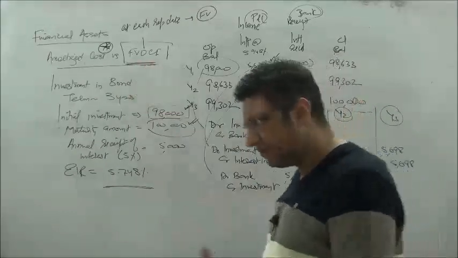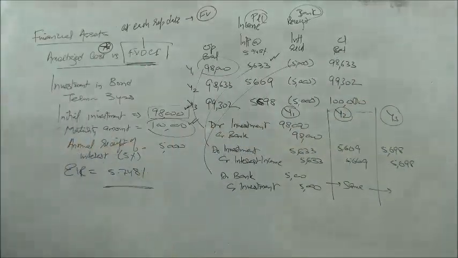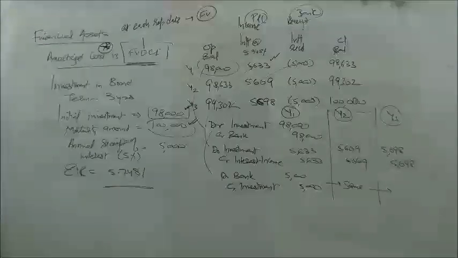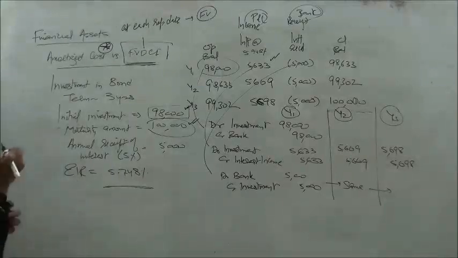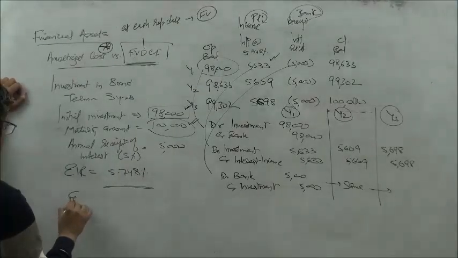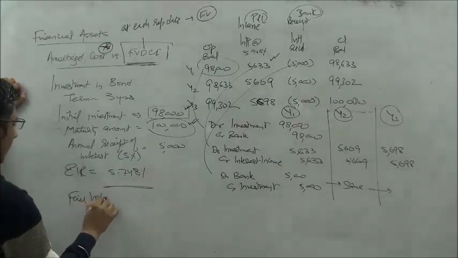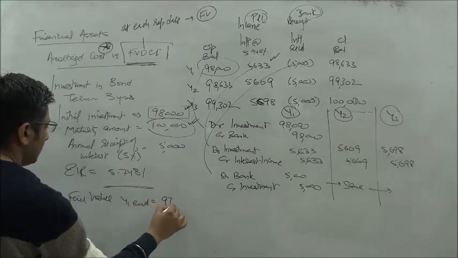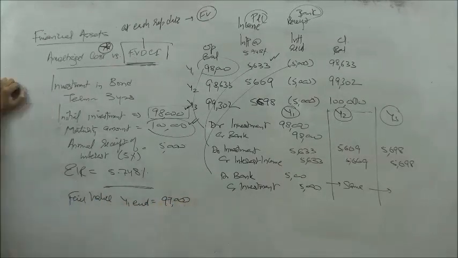Okay, so let us say, for the sake of understanding, that the fair value of the investment at the end of year 1 is 97,000.